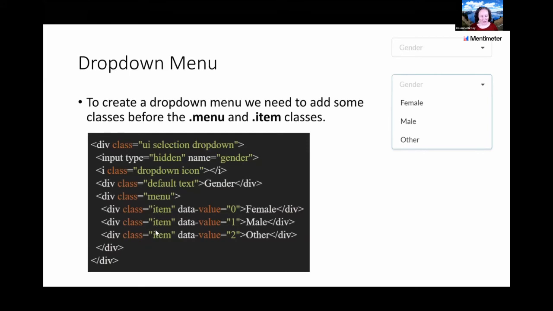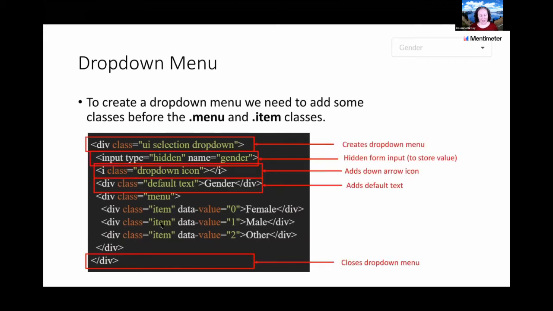None of them have the active class, but other than that, it's pretty much the same as normal. The other classes that we're adding in then are, first of all, a div around the whole lot that will create the drop-down menu. So on this one, we have ui selection dropdown. There's a few different types of drop-downs, but this one is one where you can select one option. So that's a basic enough one.